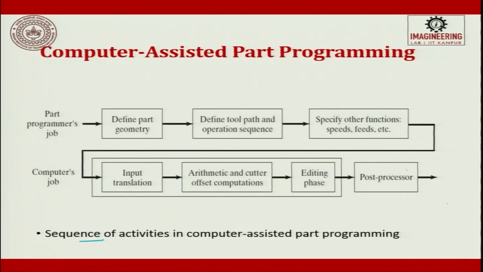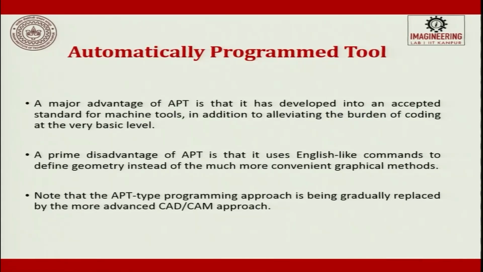The sequence of activities in computer assisted part programming is very important; you should understand. Automatically Programmed Tools: a major advantage of APT is that it has developed into an acceptable standard for machine tools, in addition to alleviating the burden of coding at very basic levels.